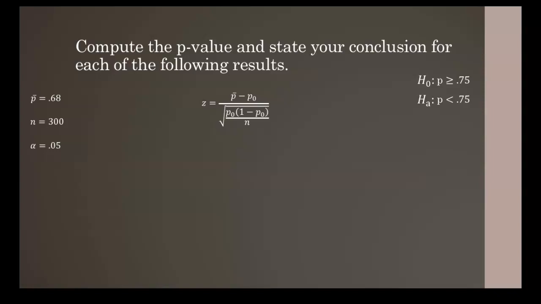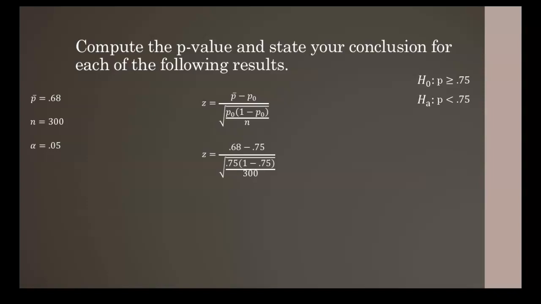Our z-score formula is p bar minus p null, all over the square root of p null times 1 minus p null, over n. P bar is just going to be our 0.68, like you can see over on the left side of the screen. P null is going to be 0.75, and our n is 300.